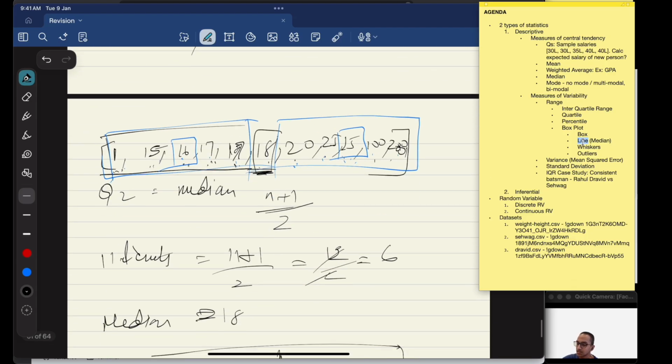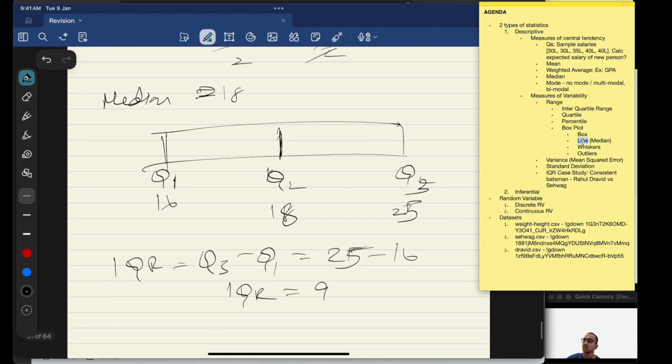That is how IQR is more robust to outliers than range, just like median is more robust to outliers than mean. This variability measure uses the median to tackle outliers. So that's how you find the IQR.